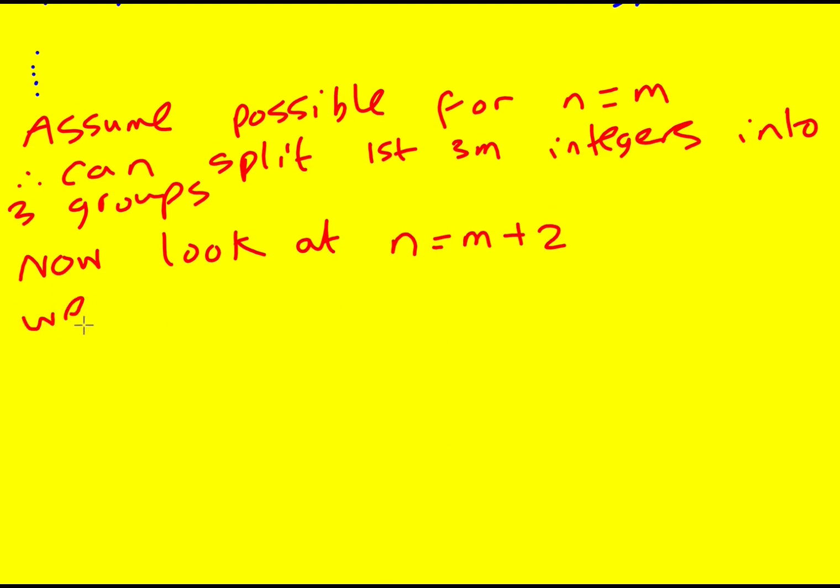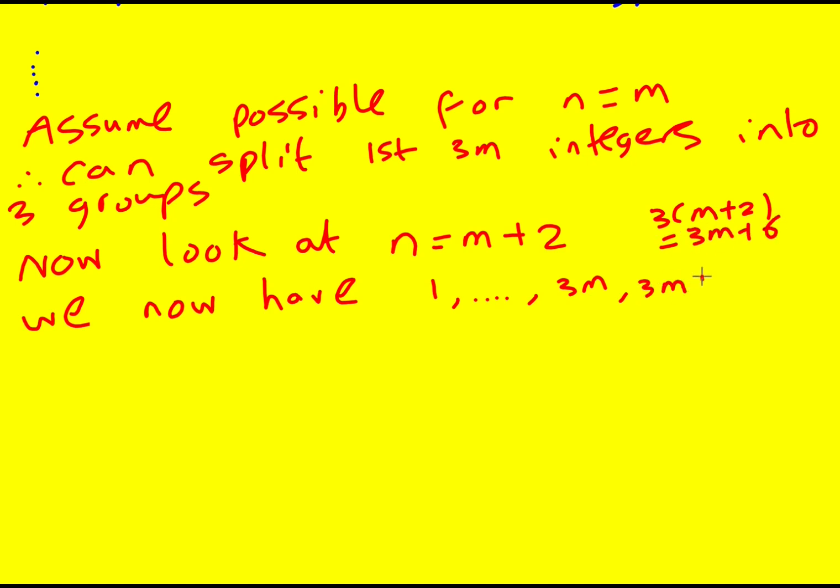So we now have 1 to 3m, but then also 3 times m plus 2 will equal 3m plus 6.